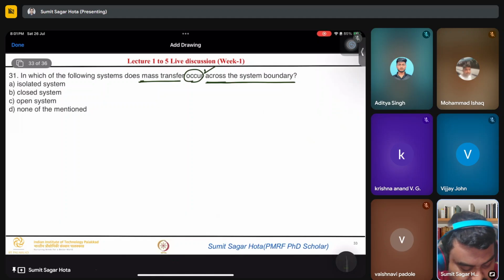That means we should first know what types of systems there are. There are three types, noted here. One is your open system, one is your closed system, one is your isolated system.